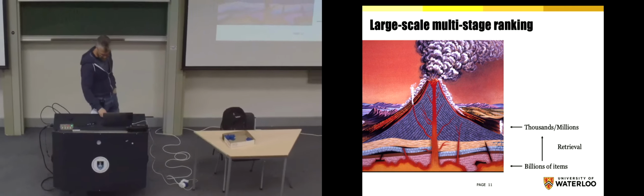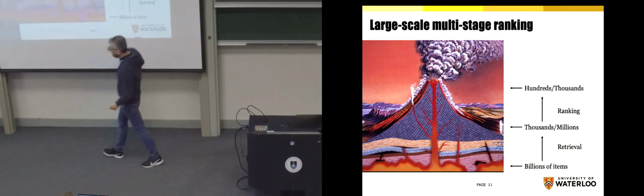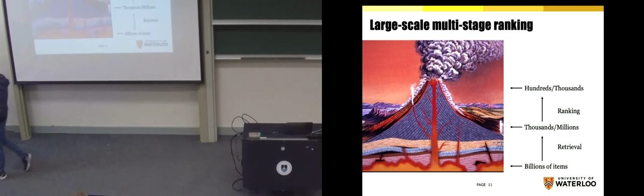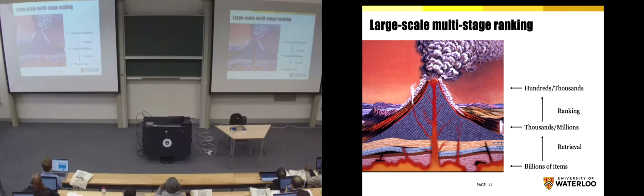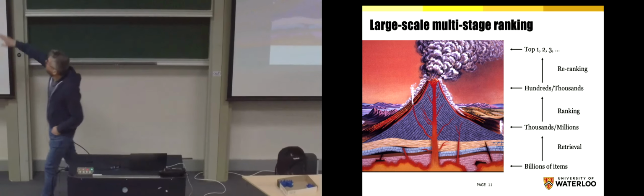And then there's some kind of ranking system that's going to take the thousands and millions of documents and filter them down to hundreds of thousands. And finally, I'm going to do some kind of re-ranking, and I'm going to get maybe the top.